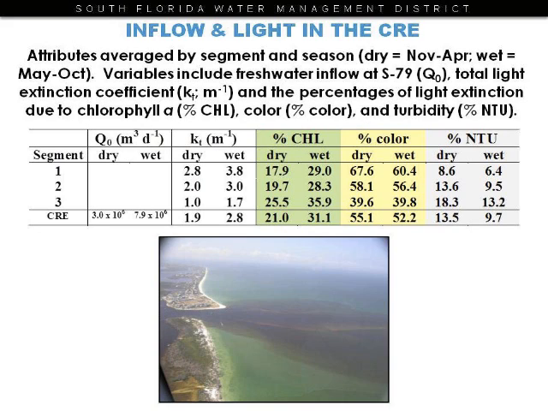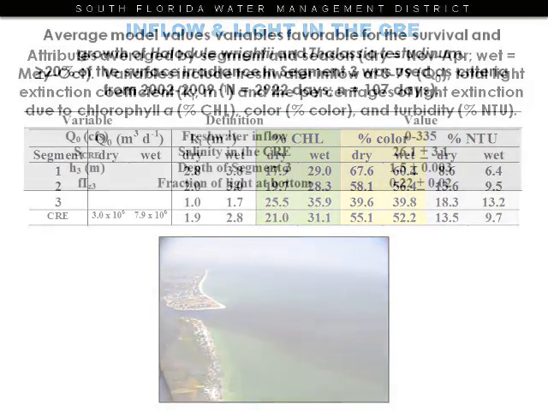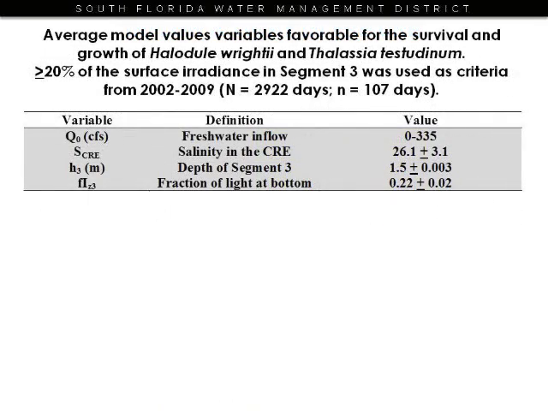in situ and empirical data that resulted in a CHNEP study of the Caloosahatchee. So what we did was we took the total time of the model and queried the output, the daily output, for all values that were greater than or equal to 20% light at the bottom of the downstream segment 3. And we used that as a metric to determine what the most optimal or most desirable conditions were.